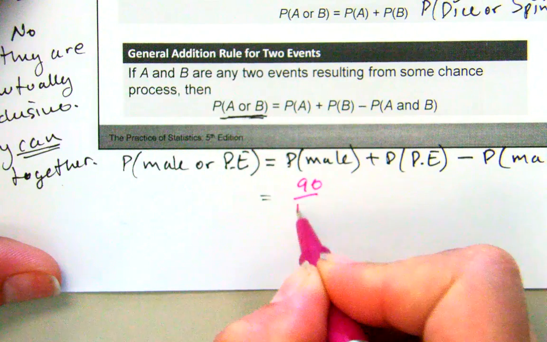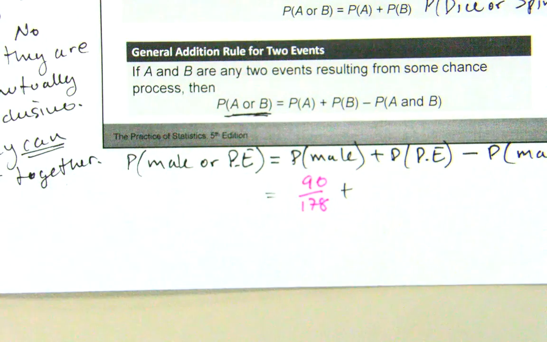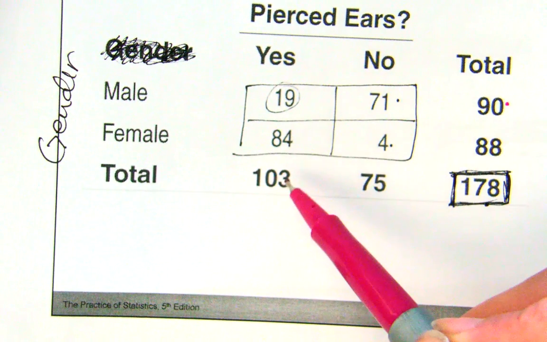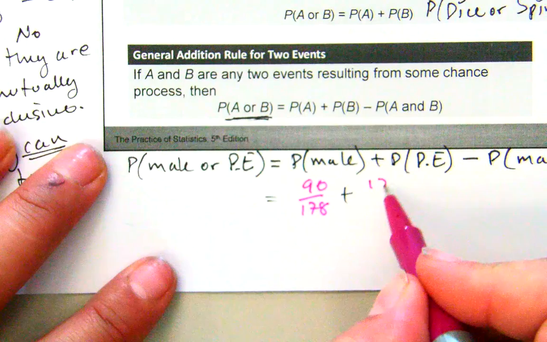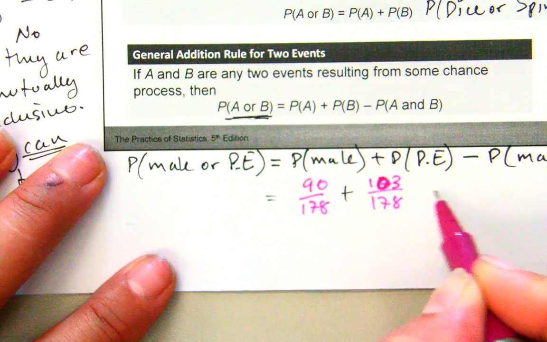So 90 out of 178 plus everyone who has pierced ears, which is 103 out of 178.